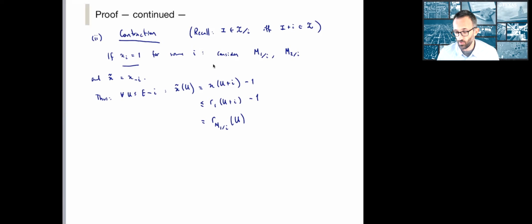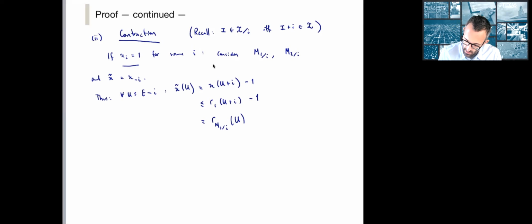It's equal to the rank of the set minus the rank of that element, which in this case is 1, by virtue of the fact that x did belong to the intersection of the two independent set polytopes, and therefore it couldn't be that the rank of element i is equal to 0.